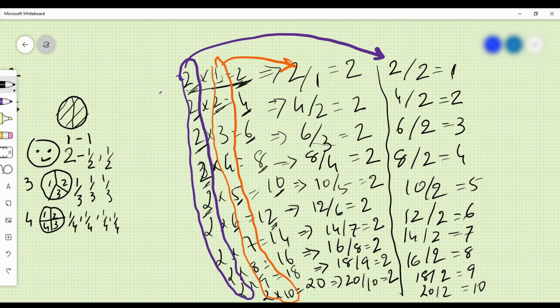So now you know that you can very efficiently use the tables for division. So let's say someone asks you, I got 14 chocolates and I have 7 children and I want to divide these chocolates equally so that none of the children feels that, oh, I didn't get my equal share.